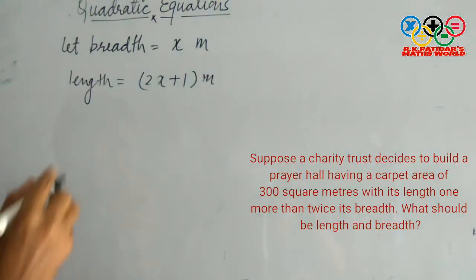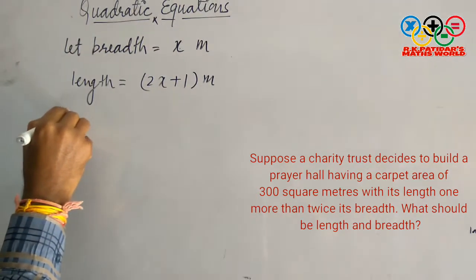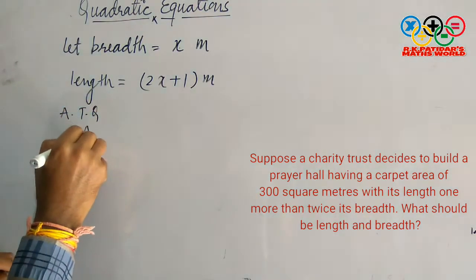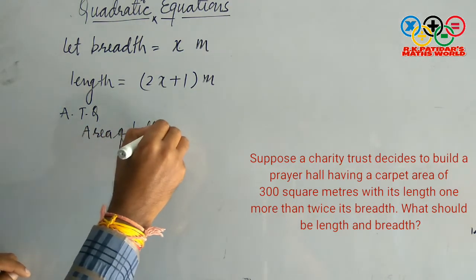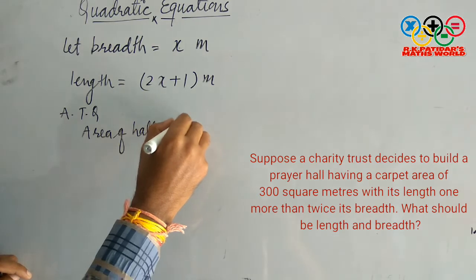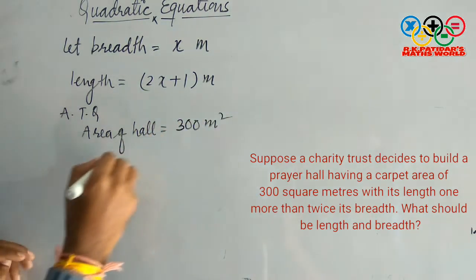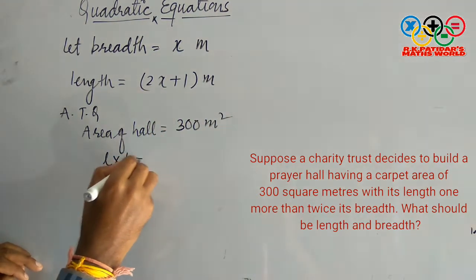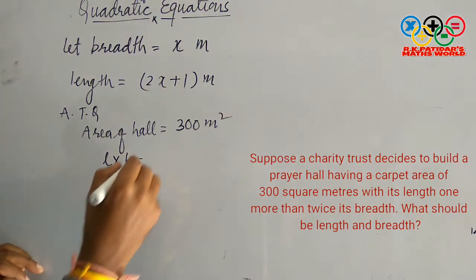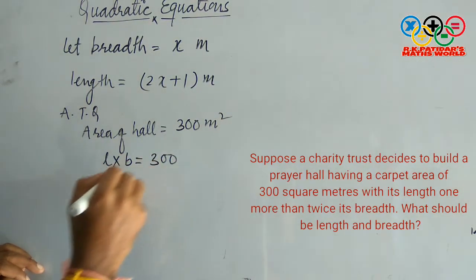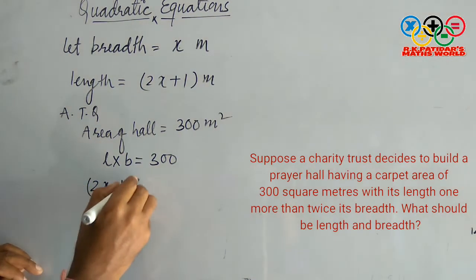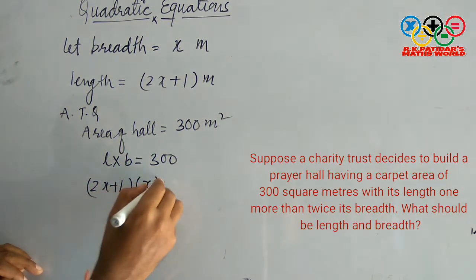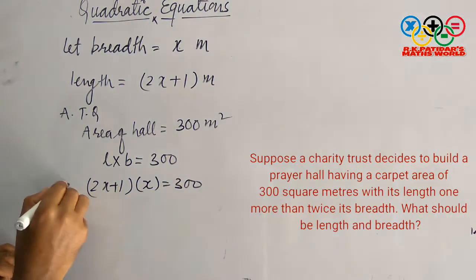And according to the question, the area of the hall is 300 meter square. The hall is rectangular, so the area of a rectangle is length into breadth. Length is 2x plus 1, breadth is x, and the product is equal to 300.